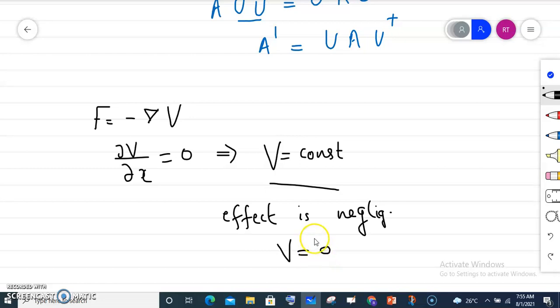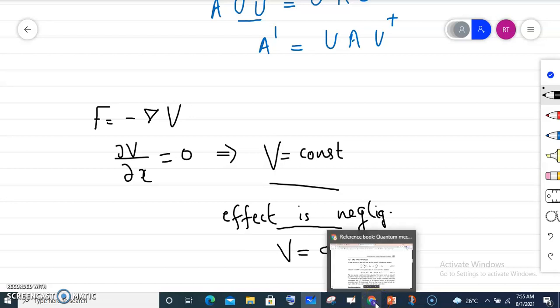When we say both the potential is a constant as well as potential is equal to 0, it gives the same effect. So in the case of a free particle, we can say that the potential is constant. So what are we going to do?